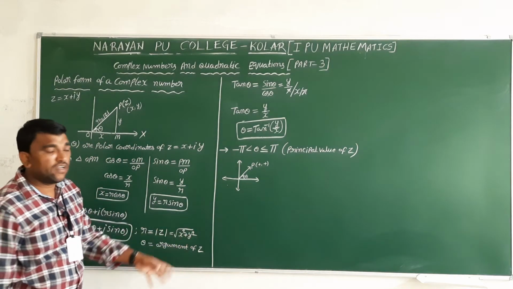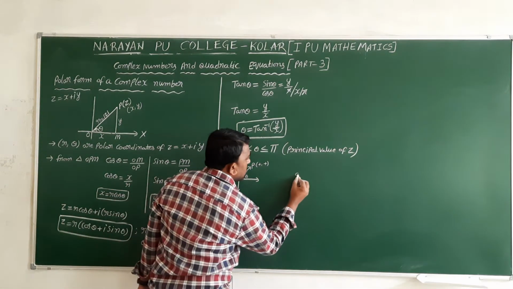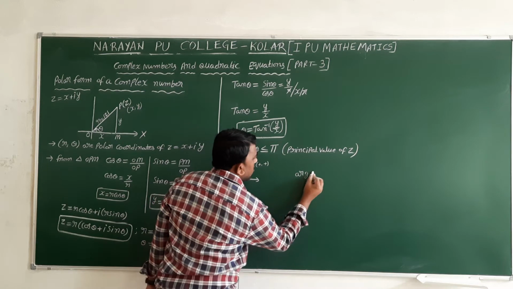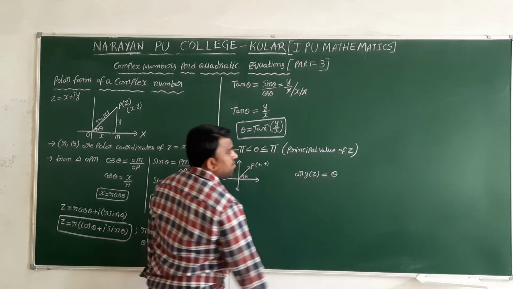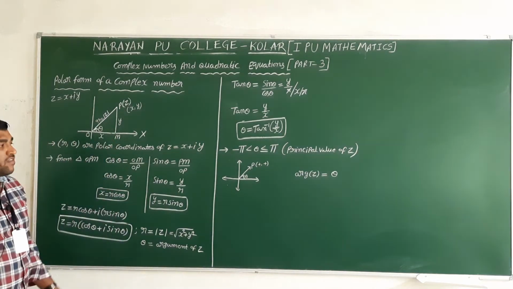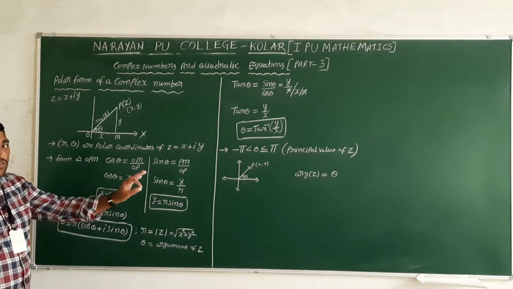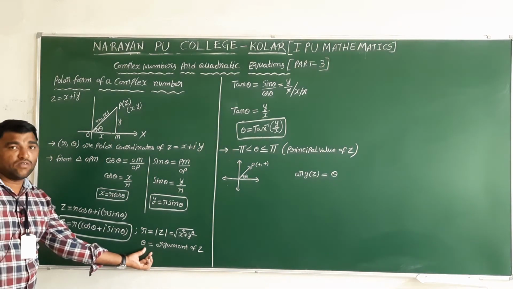In the first quadrant, x comma y are both positive. The argument of z is theta only. So this is a very important concept to calculate the theta value.